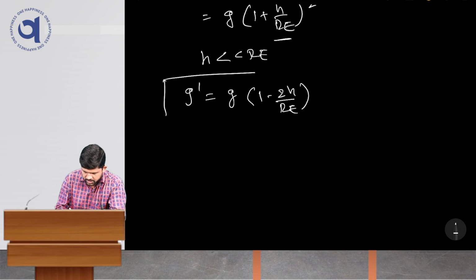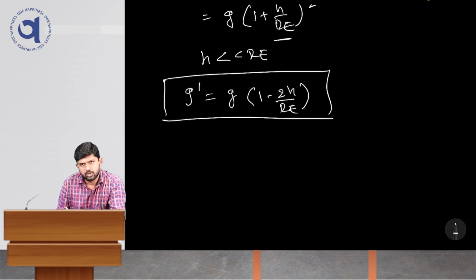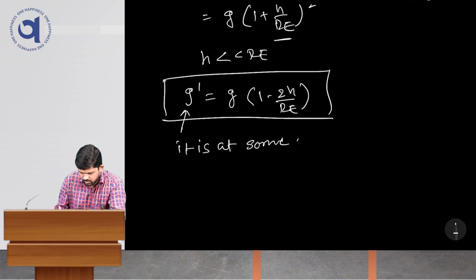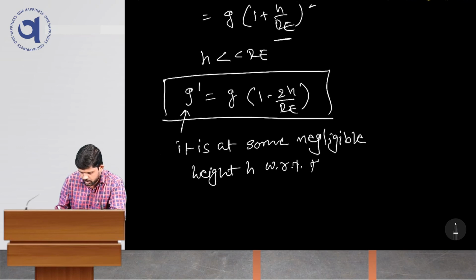This is the equation of variation of gravitational acceleration when it is at some negligible height h with respect to the earth's surface.